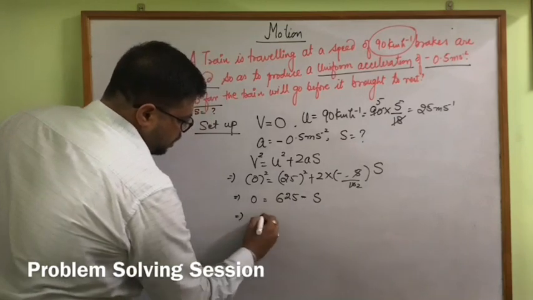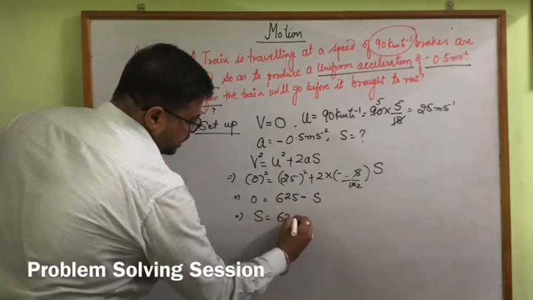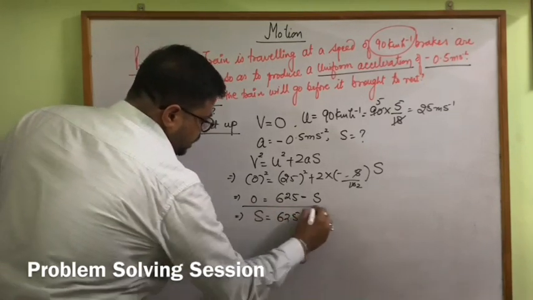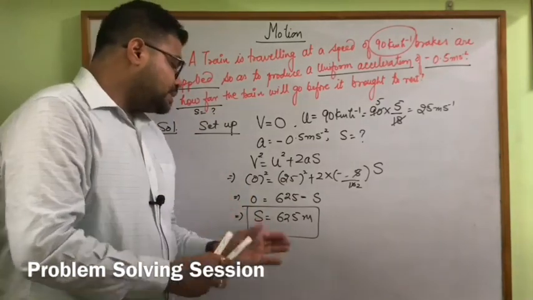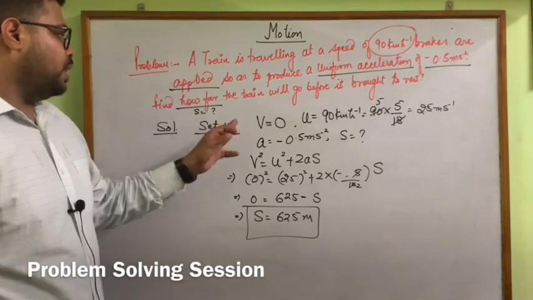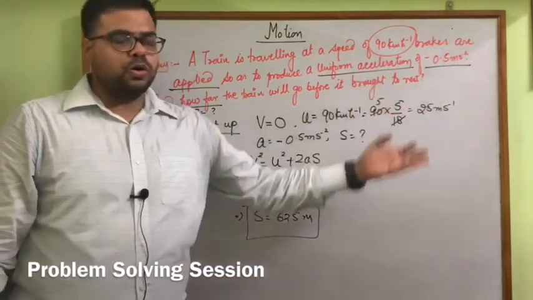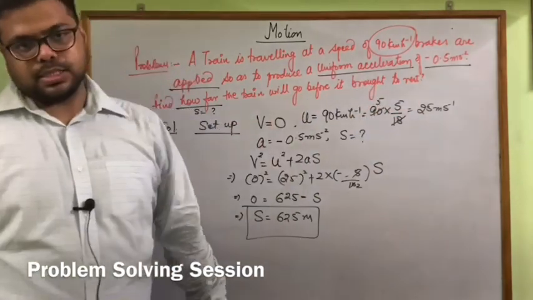So no problem, s will be equal to 625 meter. So the train will go 625 meter before it is brought to rest.